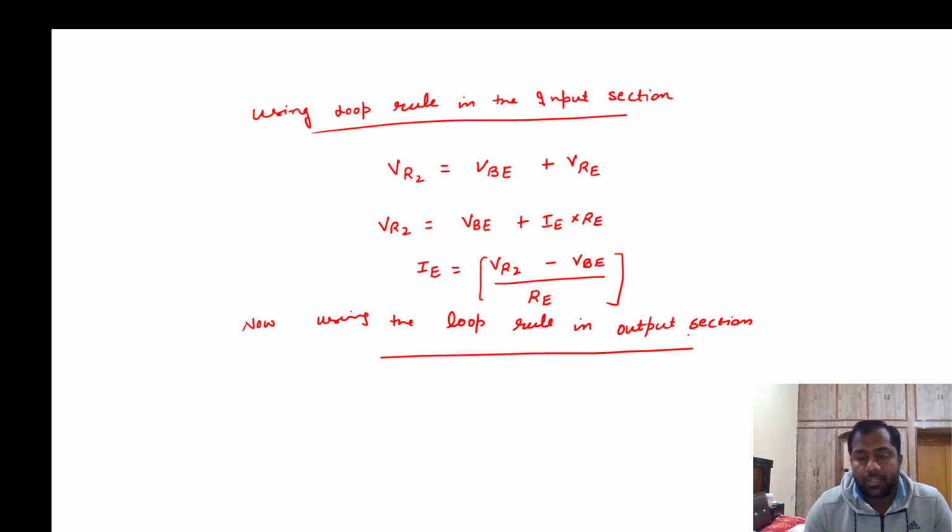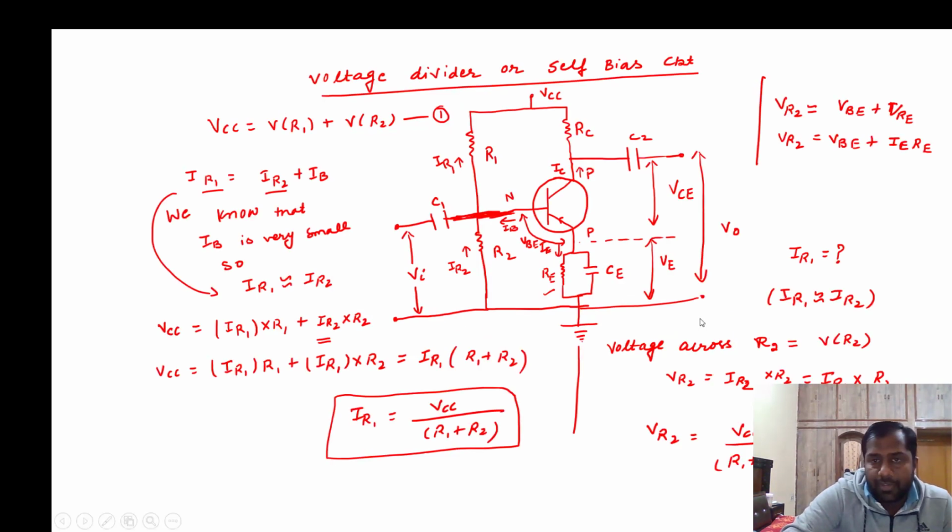So if we are using the loop rule in the output section, what can I write down? Again, we will check the output circuit. In the output circuit, what we are seeing is that we have VCC and this is ground. And in between, what three things do we have? We have RC, VCE and VE. When the current IC flows through the resistance RC, the potential drop is IC RC.